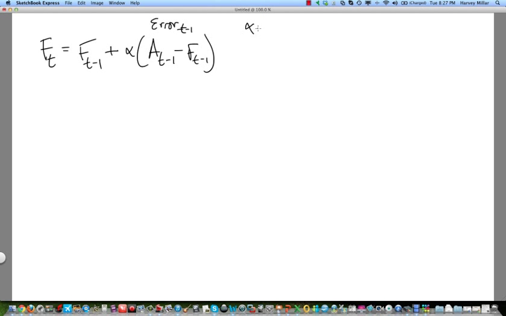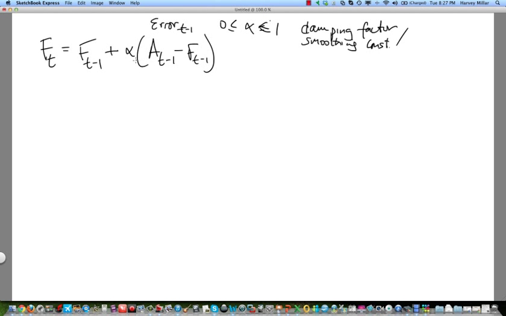So what happens is we will restrict alpha in such a way that alpha lies between 0 and 1. Another term that we use for alpha is a damping factor, or smoothing constant. Now let's see why we would call it a damping factor.